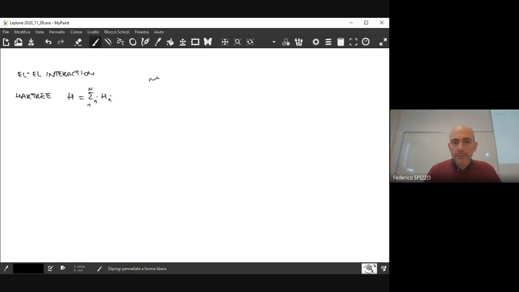Just to rewrite that, in principle, the n-electron wave function should include both the coordinate and the spin state. From now on, just to simplify the notation, I will just write down the position coordinate. But please remember that in principle, we should also recall the fact that each electron has a specific spin state.